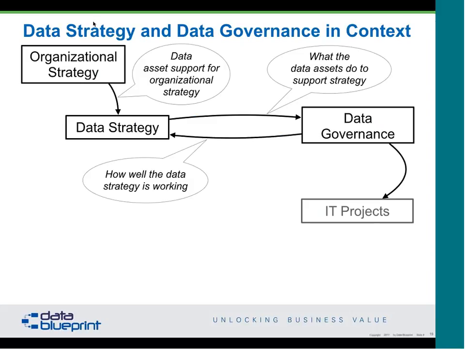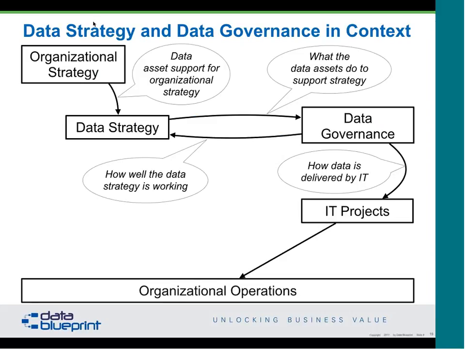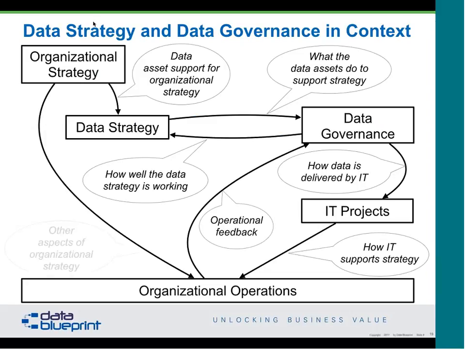Out of that, data governance should really be helping control and implement how IT does things. Simple things like deciding whether this package should be purchased versus that package, or whether we should build our own or buy another one, are all very important. And finally, we get down to the organizational operations, which says how well the thing is actually working.